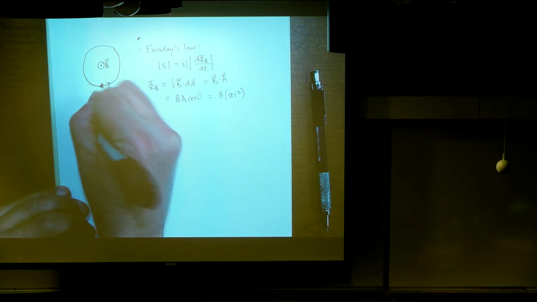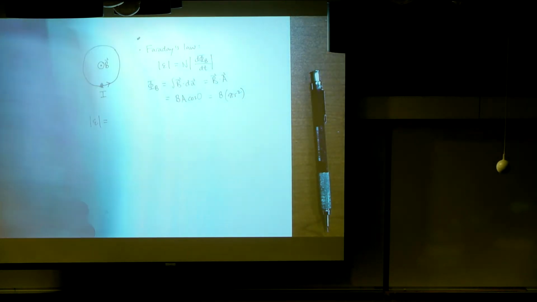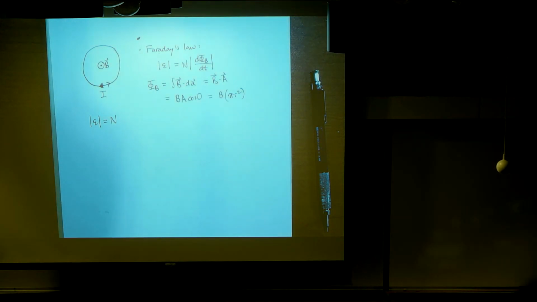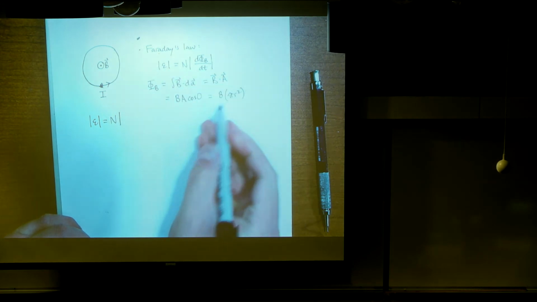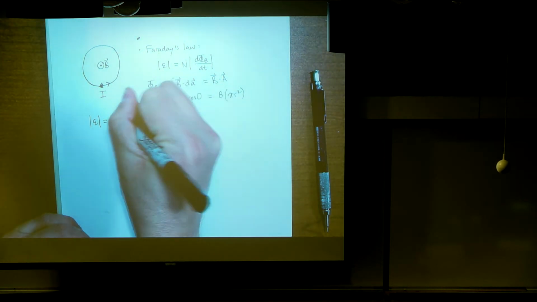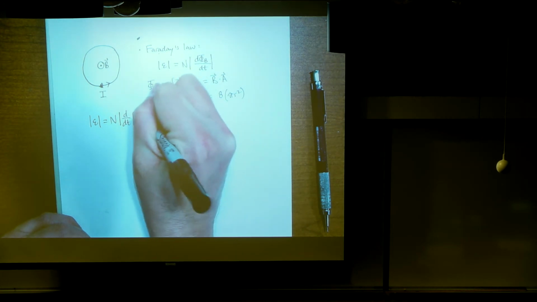Now in Faraday's law, again, to bring it back to that, we're taking the number of turns of wire in this loop, because basically each one of them feels the same EMF, so we have to add them all together or multiply by N. That's another way to think about it. And we'll take the derivative of this expression, because that's our magnetic flux. So that's the derivative with respect to time of B times pi r squared.